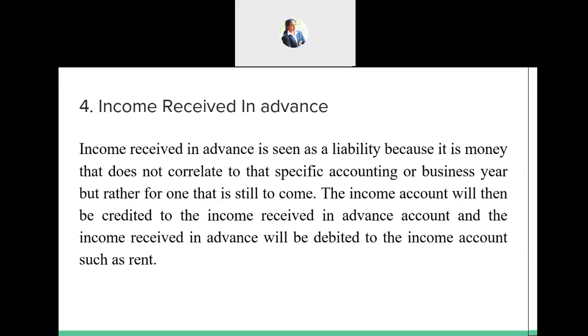Whenever a business earns some income which is of a future date, the income would be credited to income received in advance. And when the time comes, it would be debited and moved to the income account. It could be in the form of rent, or any kind of bill, or the insurance payment, or any such things.